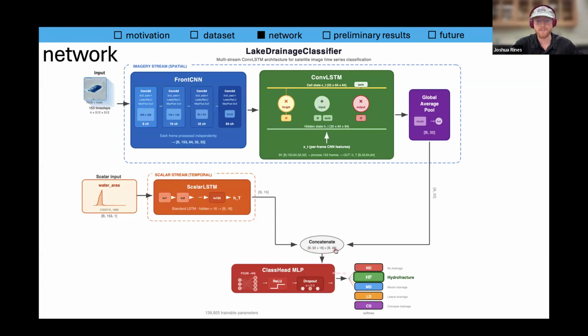We concatenate those features together from the spatial network and the scalar network into a standard multi-layer perceptron classifier, and out pops your classification, right? So the idea is you input imagery and this water area, and out pops some classification of those classes: no drainage, hydrofracture, moulin drainage, lateral drainage, and crevasse drainage.